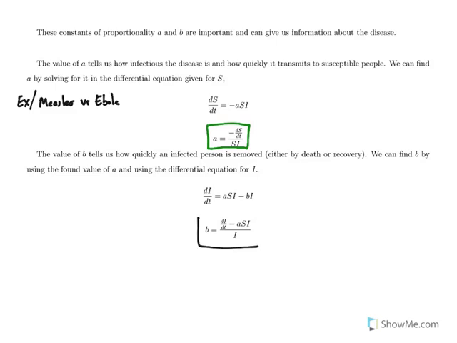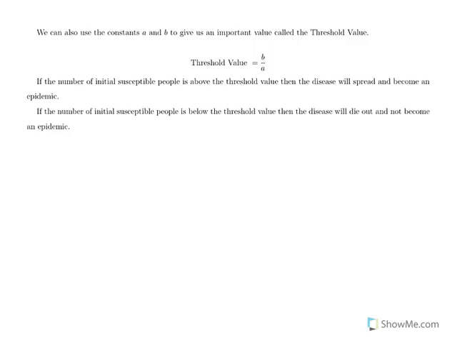So lastly, we can think about this idea of a threshold value. These two constants, A and B, give us another constant called the threshold value, B over A. This is an important value in tracking diseases. If the number of initial susceptible people is above the threshold value, then the disease will spread if there's no other influence going on, and it will become an epidemic.